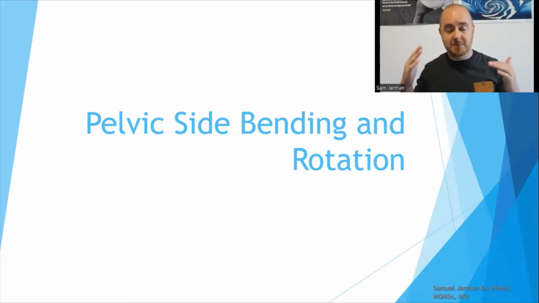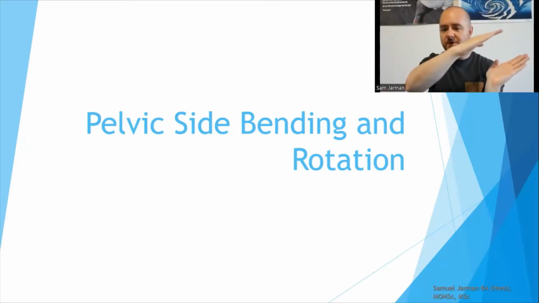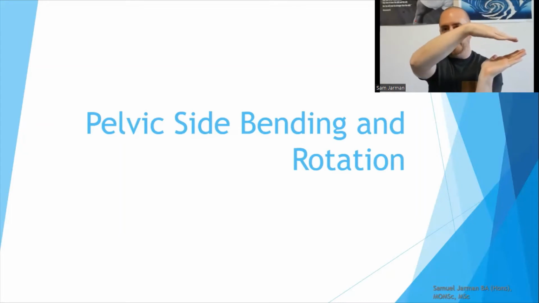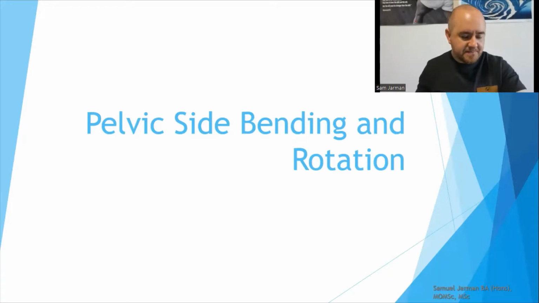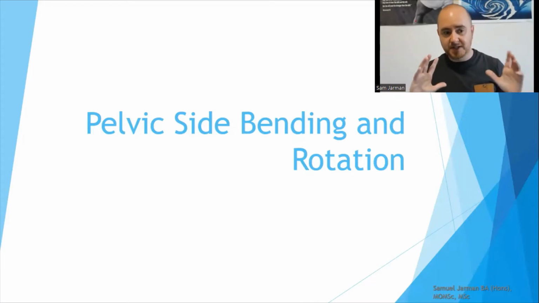Especially with side bending, it is approximation of one side of the torso to one side of the pelvis, or one side of the pelvis to one side of the torso. In either sense, the generation of that motion is from the muscles that will actively move the lumbar column, again considering that the pelvis does not necessarily independently move side to side.